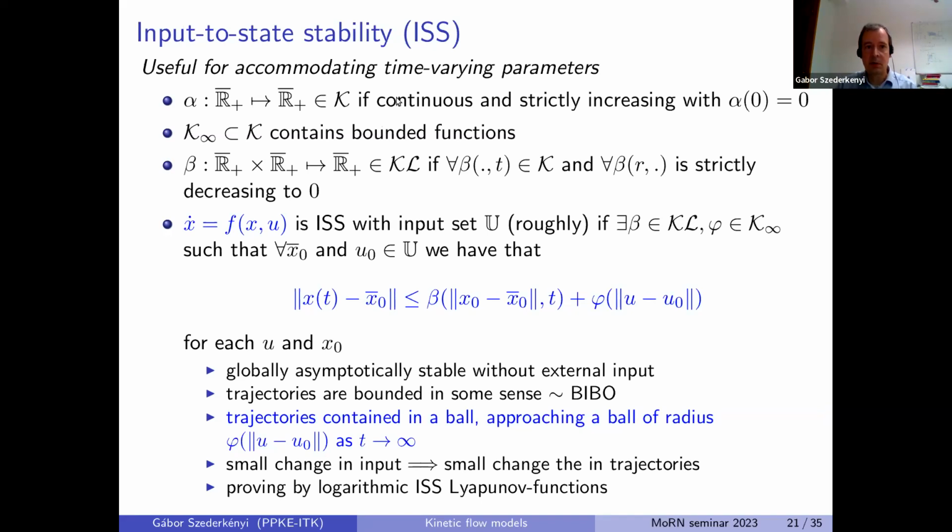We took it from the control literature. Input to state stability is quite popular among control engineers, and basically this means that the trajectories will be contained in a ball of radius phi, which is a function of the time varying reaction rates or inputs if we have control systems, as t goes to infinity.